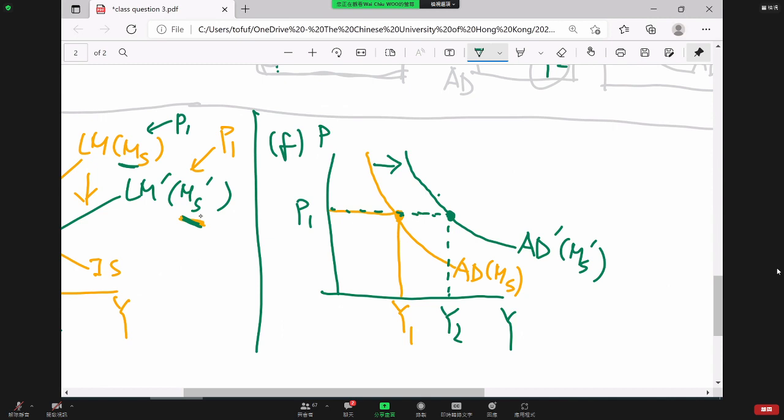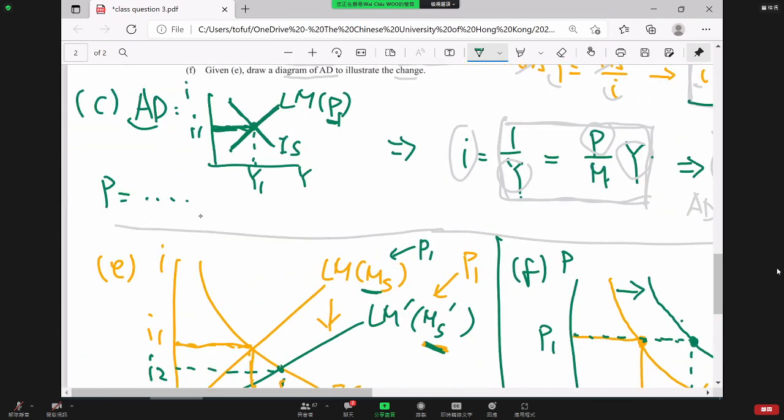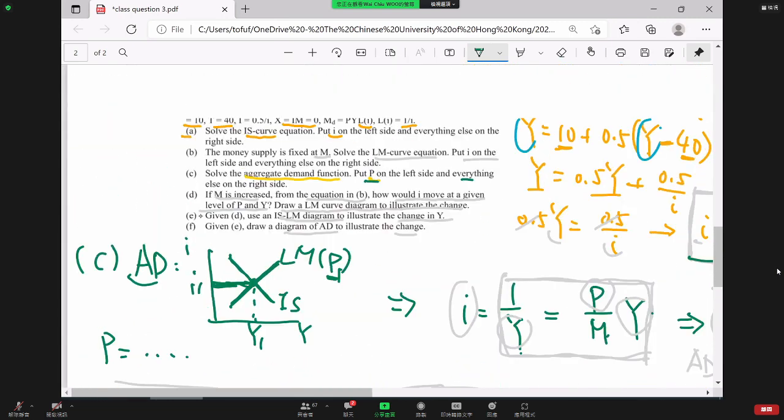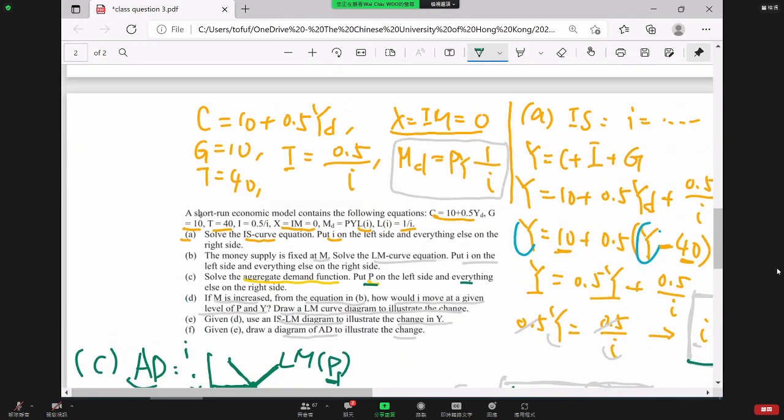Okay, so that is the answer for the class question. I have done 2 class questions for you. If you read the lecture note, you find that there is a class question 3, and I remark it as an optional question.